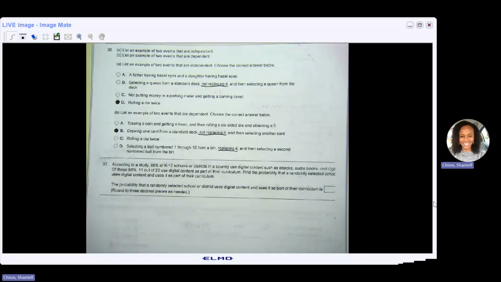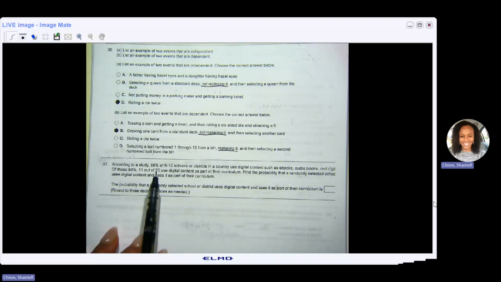All right, number 37, we did this one in class also. It says, according to a study, 88% of K through 12 schools or districts in a county use digital content such as ebooks, audiobooks, and digital learning or something. Then it says, of these 88%, 11 out of 20 use digital content as part of their curriculum.